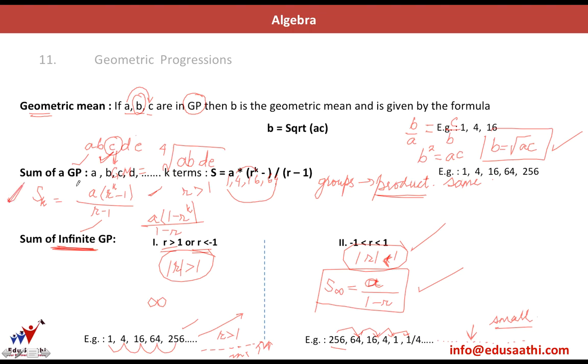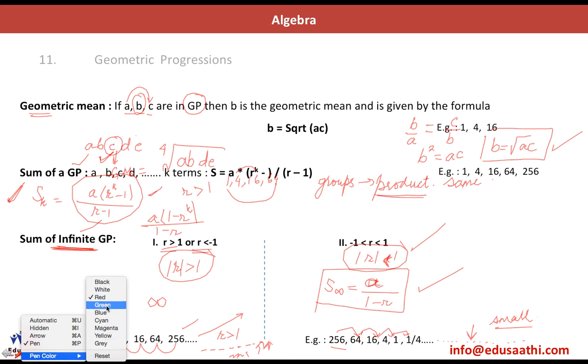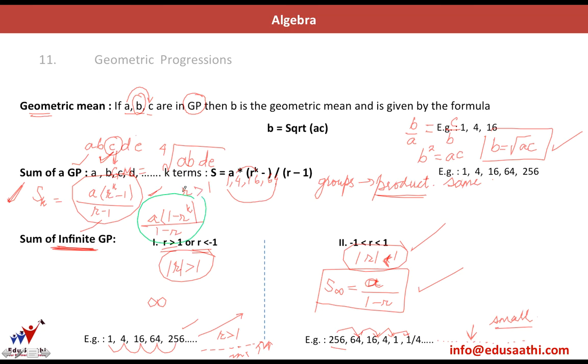If the value of r is greater than 1, it will be A into r raised to power k minus 1 over r minus 1. This will be when your r is greater than 1, and if your r is less than 1, it will be A into 1 minus r raised to power k over 1 minus r.